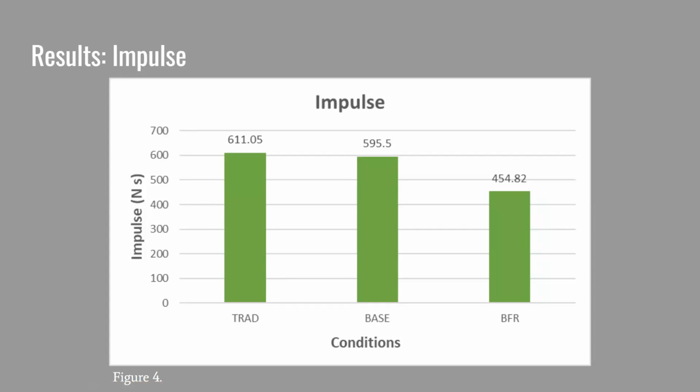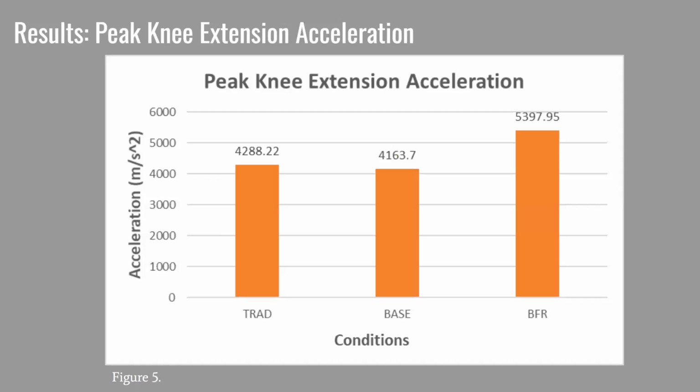And as I mentioned, we had peak force greater with BFR, so here we can say the impulse changed by the change of time. We're going to discuss that in the discussion. For peak knee extension acceleration, we got a greater acceleration with the BFR condition compared to the other 2 conditions.